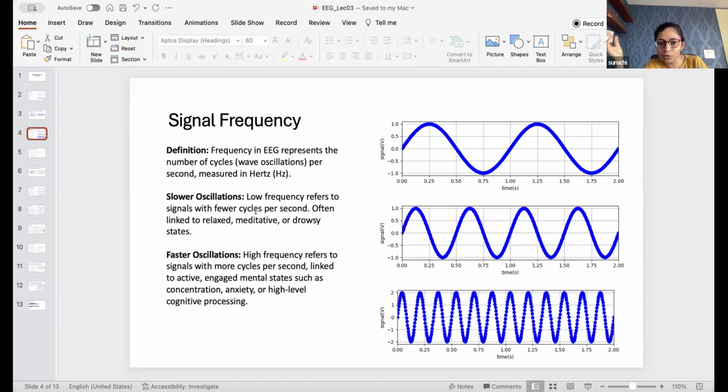When you're more aroused, more engaged in mental activities, for example solving a puzzle, your oscillations would have higher frequency. That's something that we observe in people. When they are more aroused, more alert, more awake, solving problems, they exhibit higher frequency. And when they are drowsy, meditative, sleeping, they exhibit lower frequency. So frequency is very important. It helps you characterize which state someone is in.